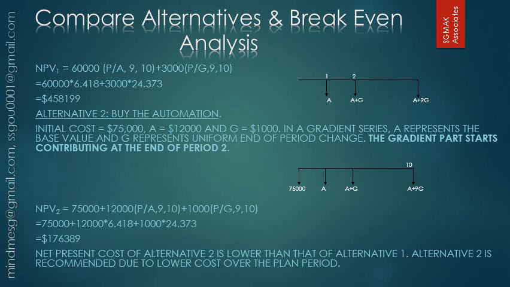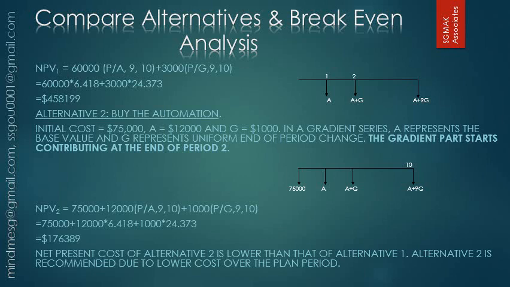If you buy the automation, then the initial cost is $75,000. The annual maintenance cost has a base value of $12,000 and a gradient of $1,000, increasing by $1,000 every year. What happens here is the net present value of all costs together: you have an initial cost of 75,000, then you're converting the base plus gradient to present value.